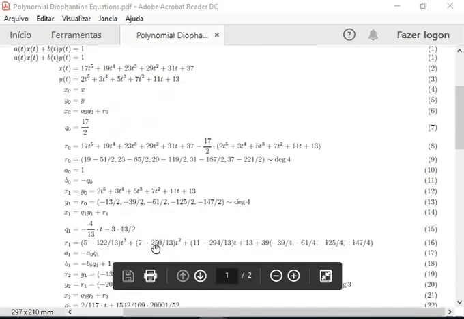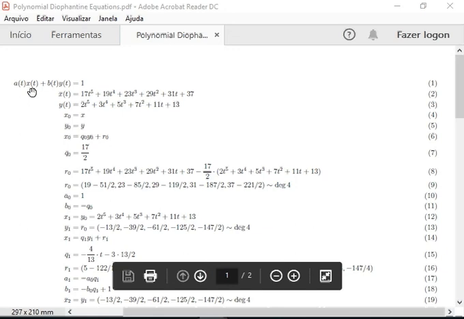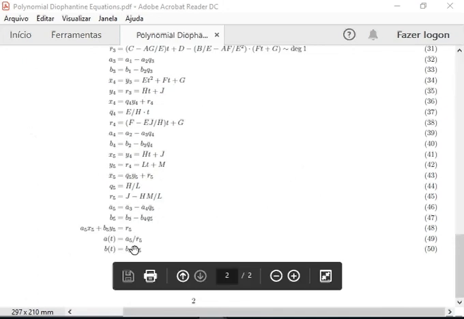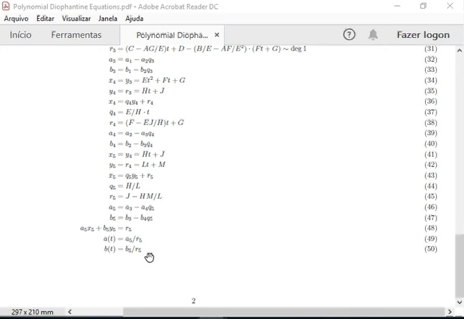Whenever we add b of t times a constant to a, we have to subtract a of t times a constant from b.